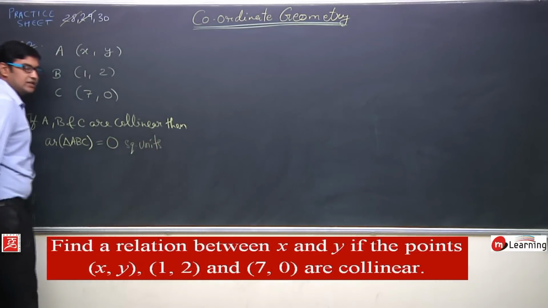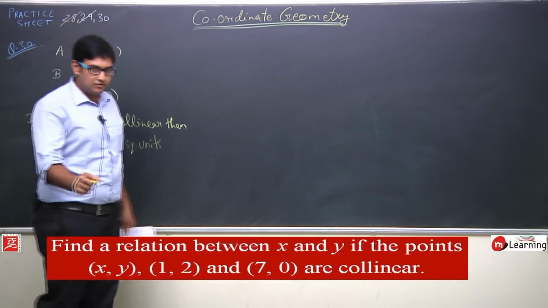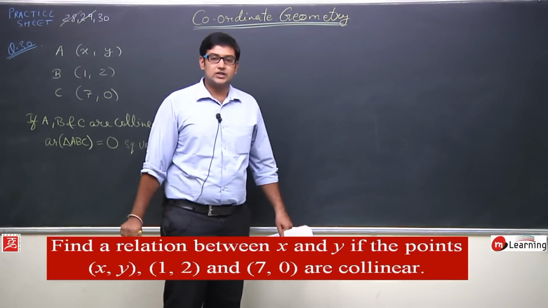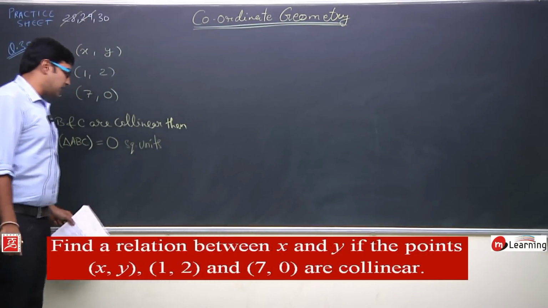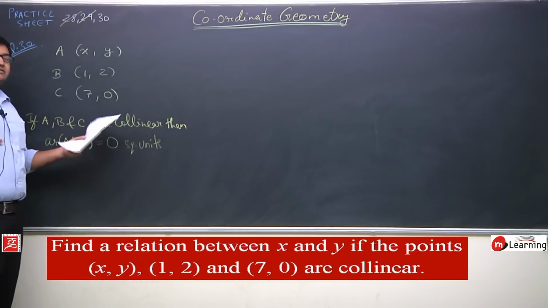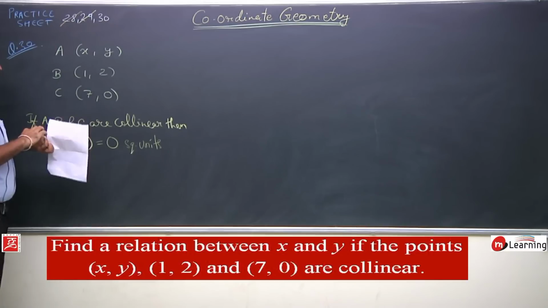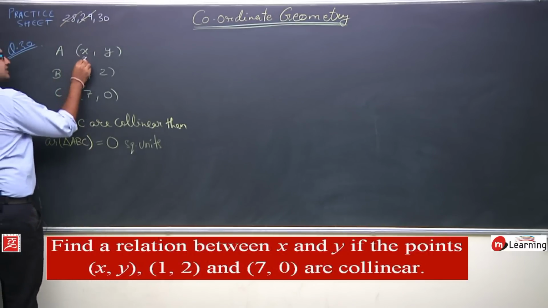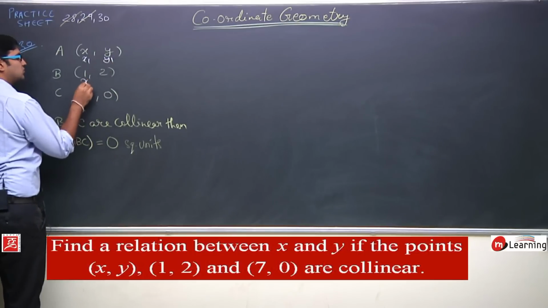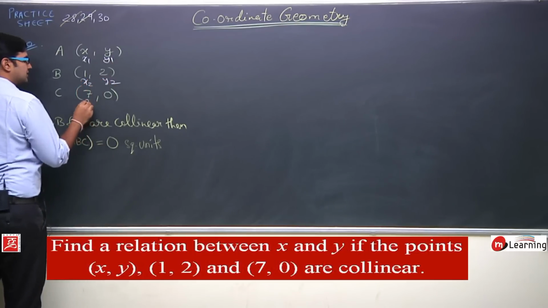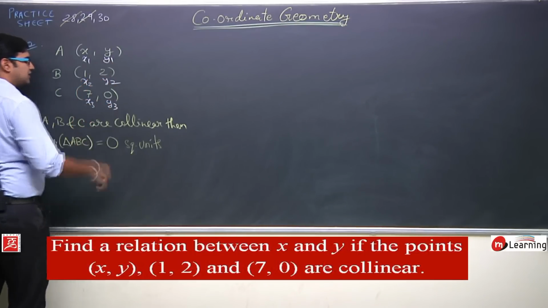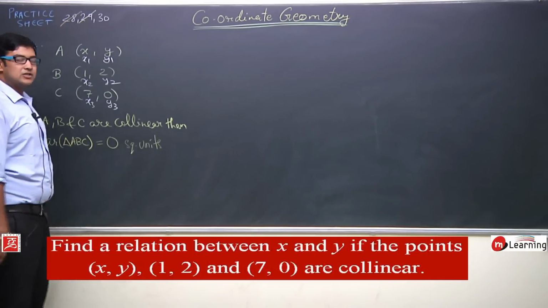This is the most important condition. The area must be equal to 0 square units. Now observe it very carefully. A, B and C are the 3 vertices as I have assumed them. So what I can do is, let us say this is x1, this is y1, this is x2, this is y2, and this is x3, this is y3. So the area of the triangle must be 0.